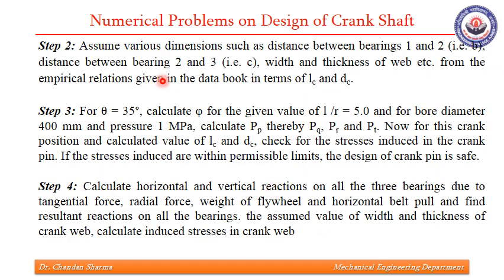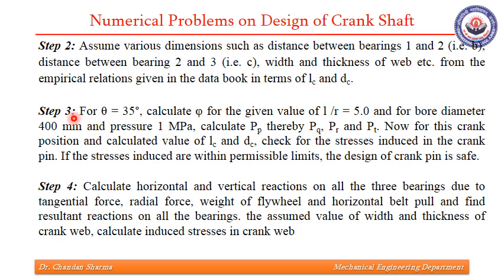In step 2, we'll assume various dimensions such as the distance between bearings 1 and 2, that is B, the distance between bearings 2 and 3, that is C, and the width and thickness of the web, from the empirical relations given in the data book in terms of LC and DC.